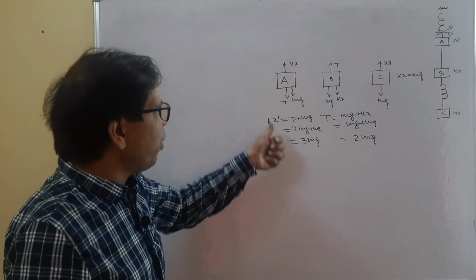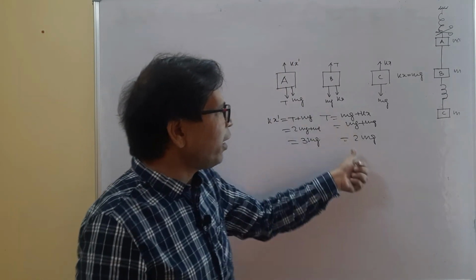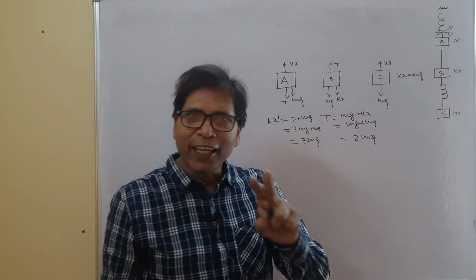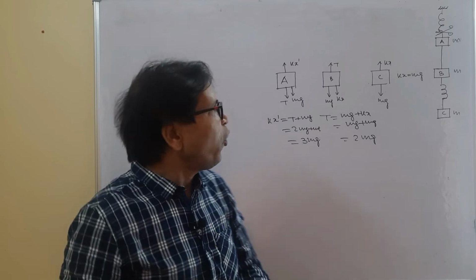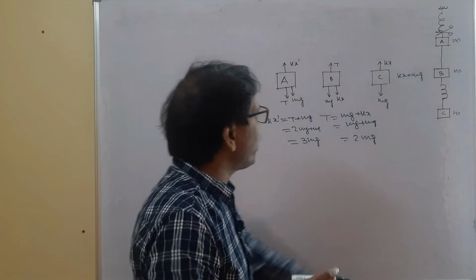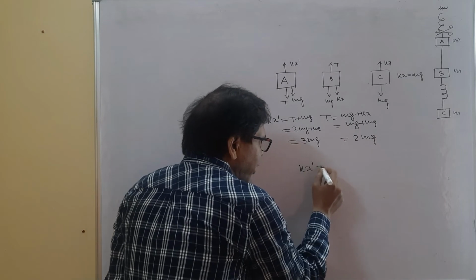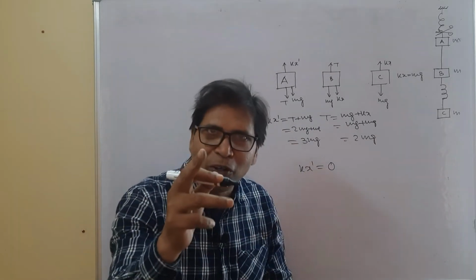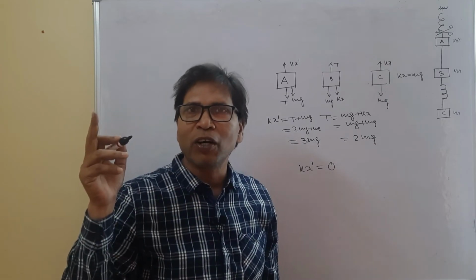In equilibrium, kx dash equals 3mg, tension equals 2mg, and kx equals mg. Understood? Now, when the upper spring is cut, kx dash equals 0.